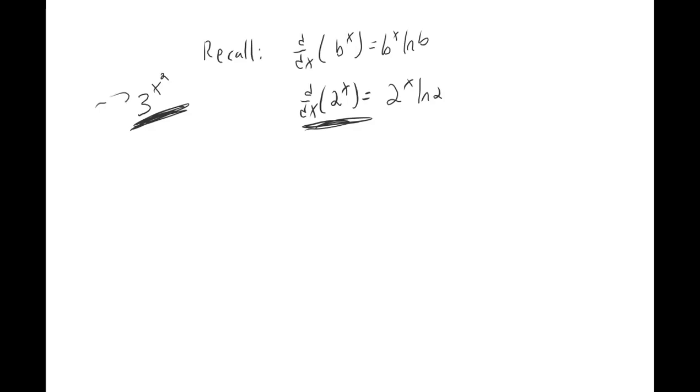But let's do something harder. That's the case where I have a variable on top, but what if we have something like x to the x? What's the derivative of this? This rule only holds when your base is a number. It becomes an issue when you have a variable as your base.